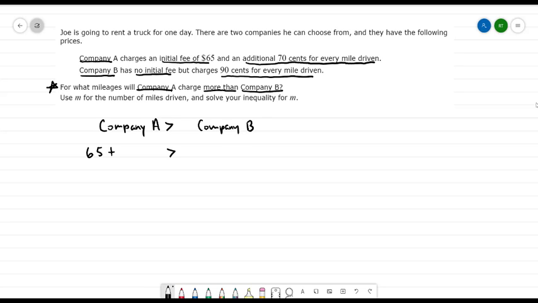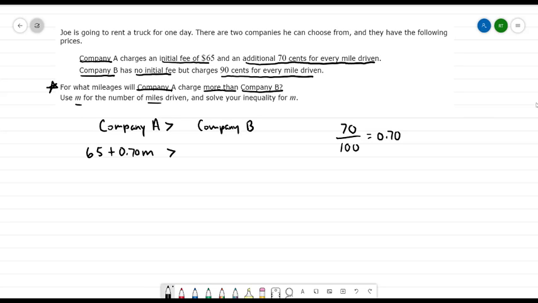We've got to make sure it matches dollar format. So on the side, you can see 70 cents out of 100 pennies in a dollar. That's how you convert it to dollar format. It's going to give me 0.70. So 0.70, and that's the rate for every mile. So use M for miles. So 0.70 M.